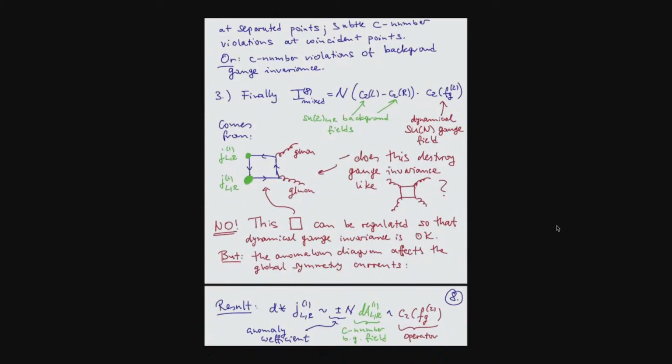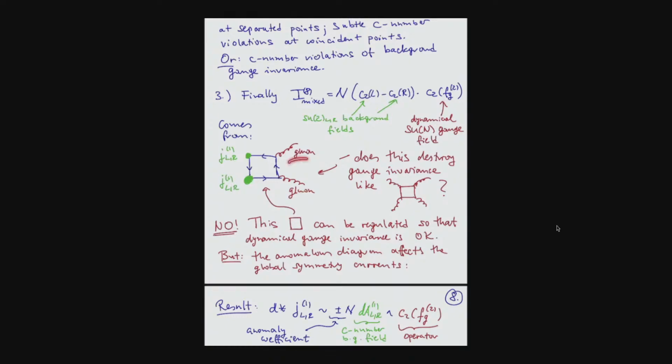So I mixed, as you might imagine, is a piece of the anomaly polynomial that contains both the dynamical SU(N) gauge field of the Yang-Mills theory and some of the background fields for the global symmetries. So it comes from a loop diagram, from a box diagram that has two external gluons corresponding to the fact that this C2 of F is quadratic in the field strength.